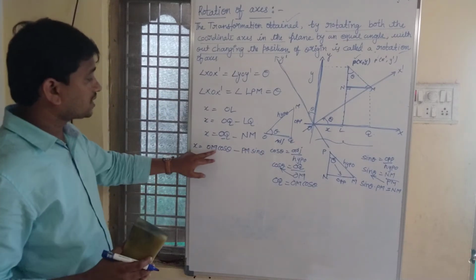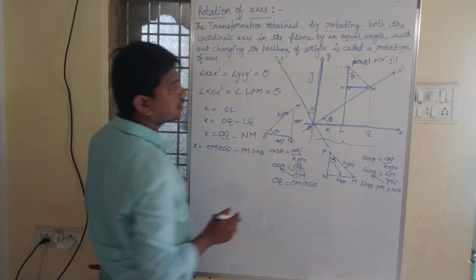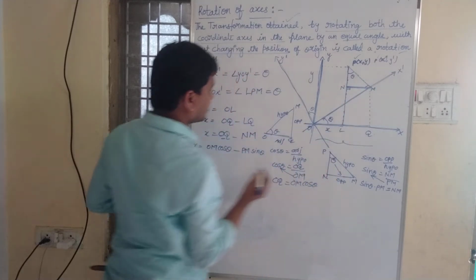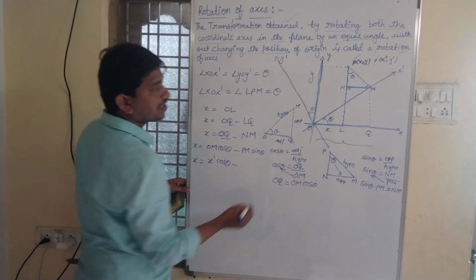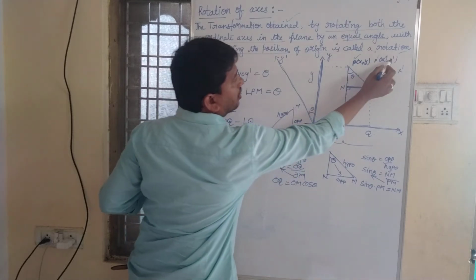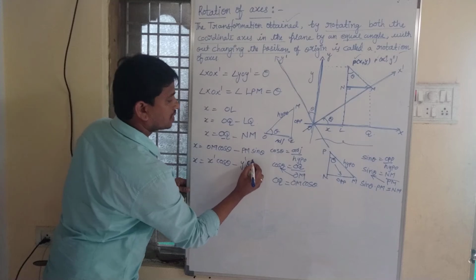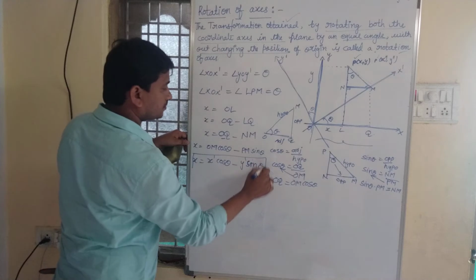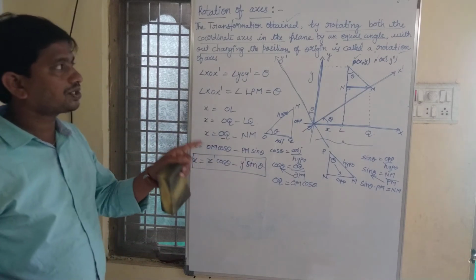So what is x? x is nothing but OM cos theta minus PM sine theta. What is OM, children, here? OM is the new axis, which is called x dash. So what is the formula for x, children? x is equal to x dash cos theta minus y dash sin theta.